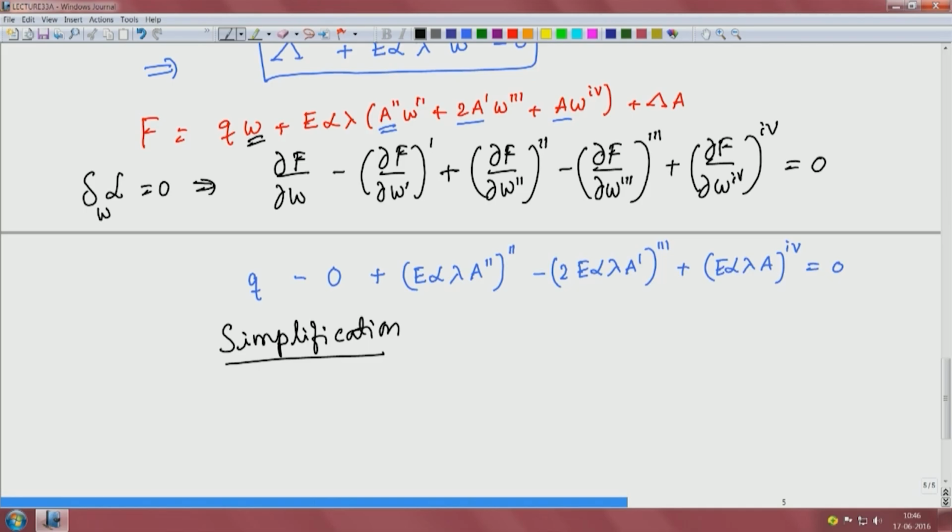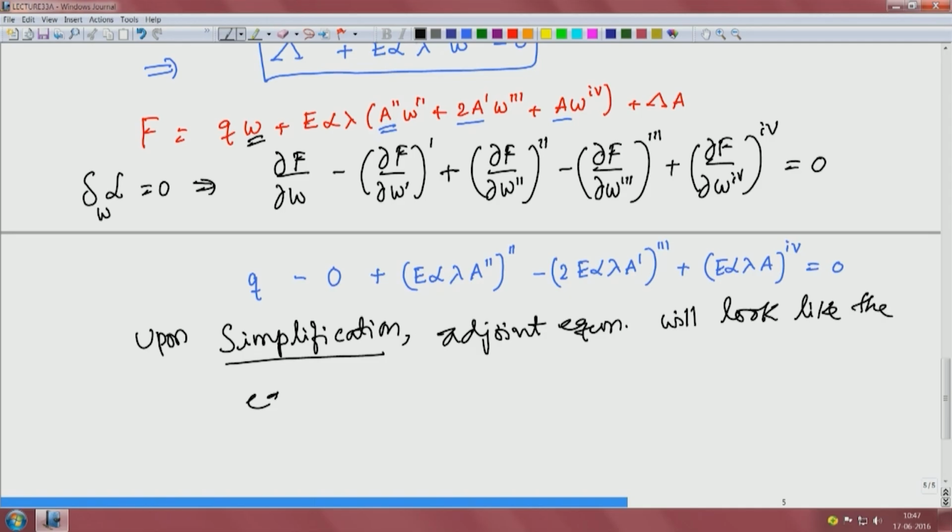In fact, you would see that this adjoint equation, that is what we get when we take Lagrangian variation with respect to the state variable, upon simplification, in this problem the adjoint equation will look, as always, like the equilibrium equation. This is a lengthy simplification, you can do it in a few minutes.